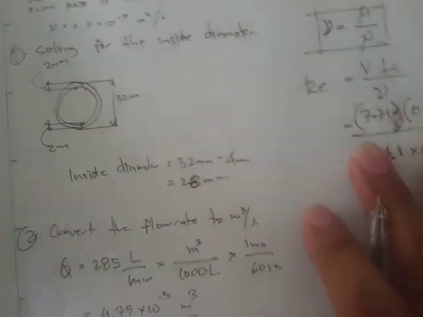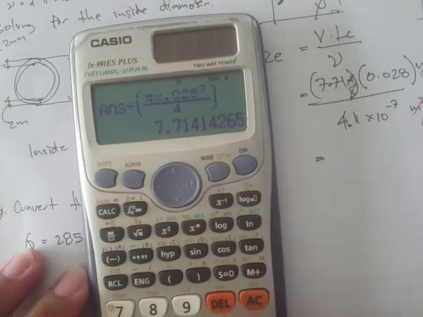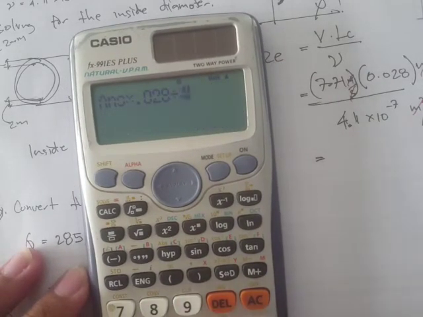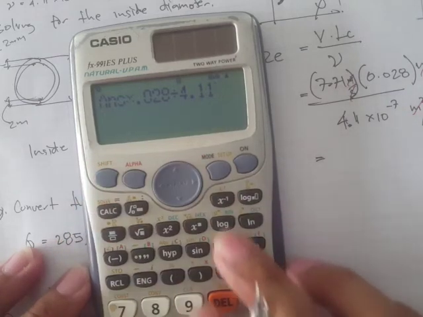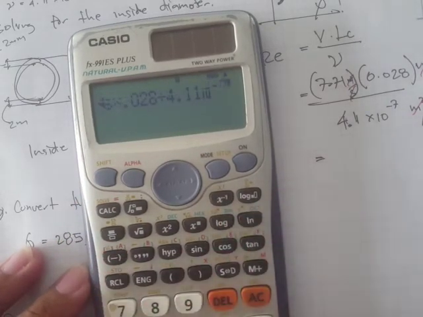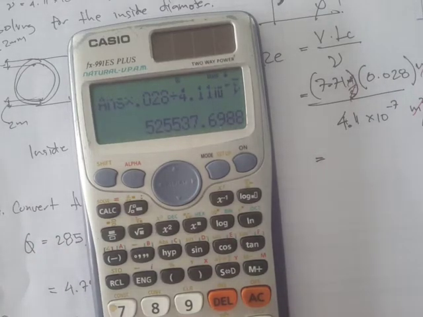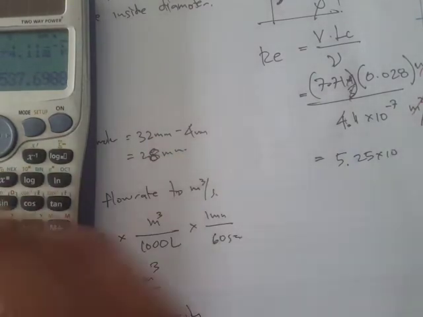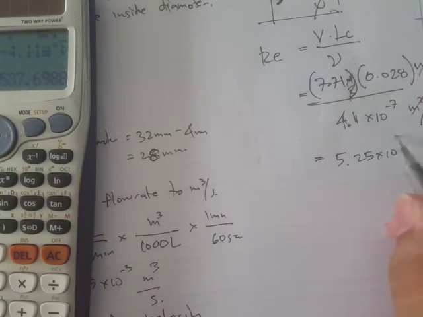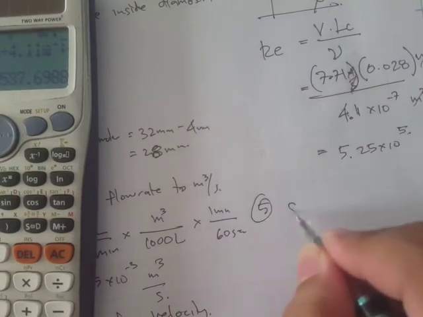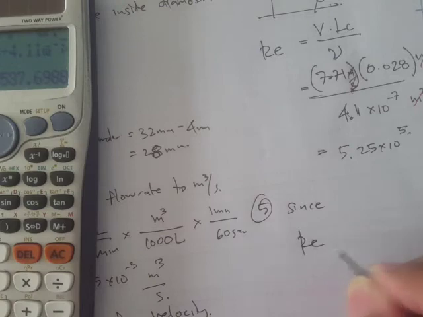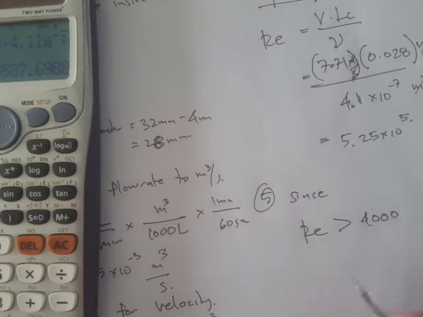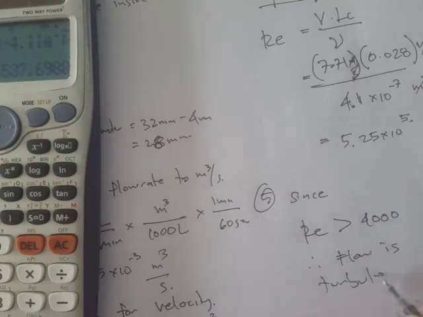Therefore our Reynolds number is 7.71 times 0.028 divided by 4.11 times 10 to the negative 7, which is just 5.25 times 10 to the 5. Since Re is greater than 4,000, therefore the flow is turbulent.